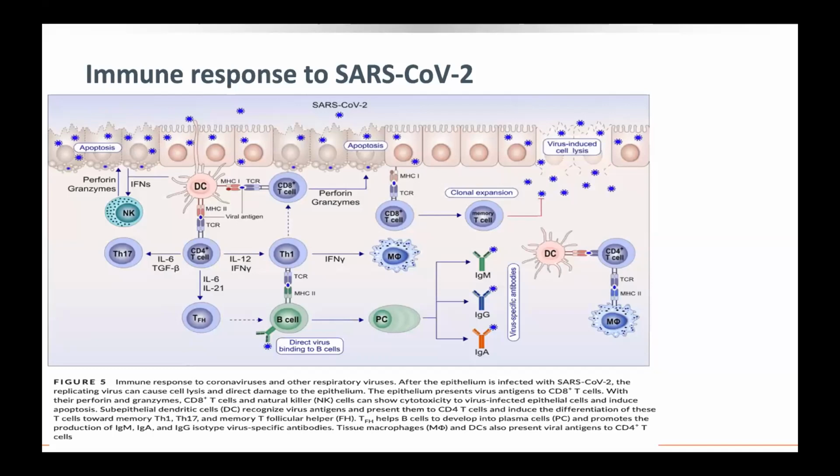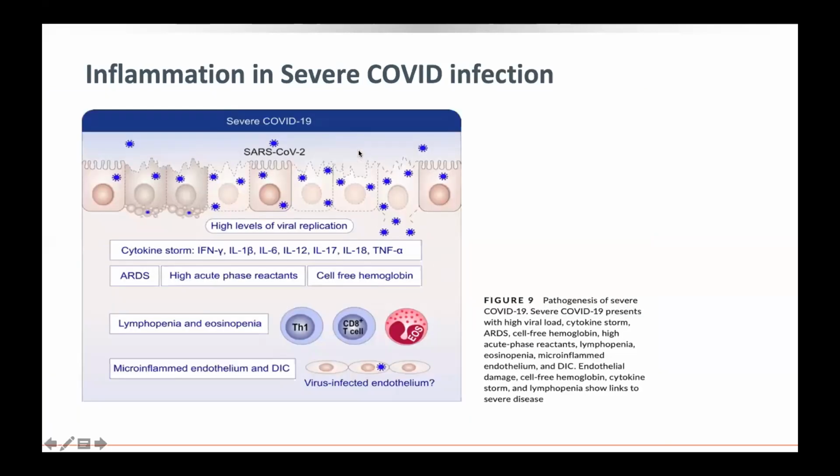And this inflammation, the next slide is highlighting which ones are the pro-inflammatory cytokines. We have the interferons, we have IL-1, 6, 12, 17, 18, then the tumor necrosis factor alpha.